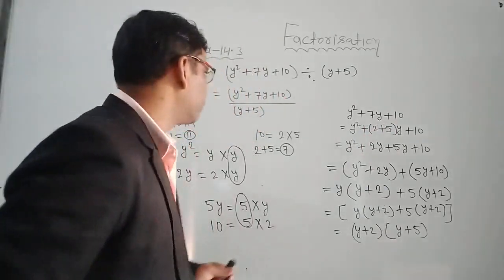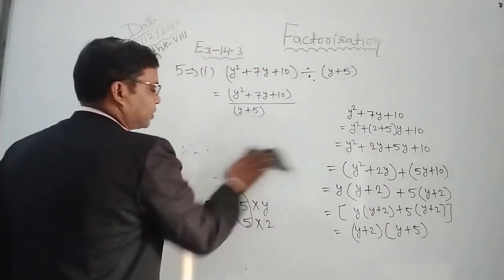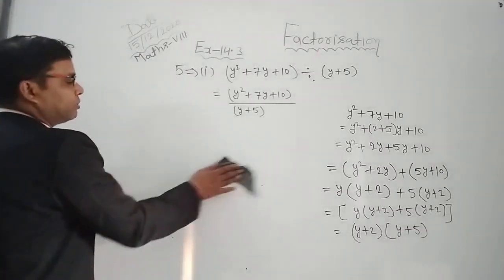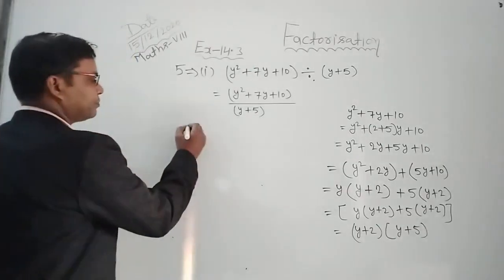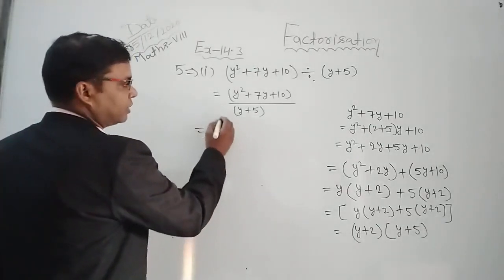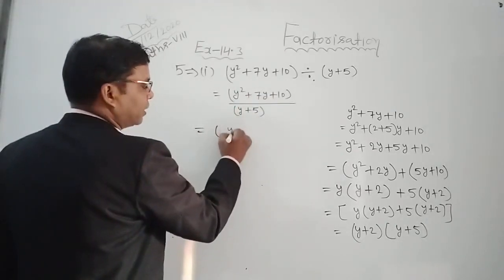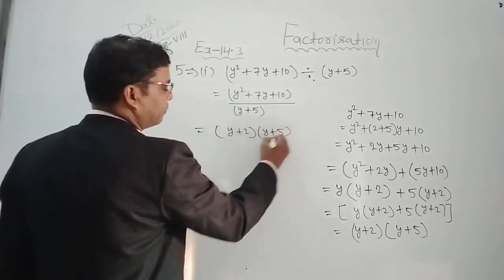Now we need to find its quotient after division. So we replace y square plus 7y plus 10 with y plus 2 into y plus 5.